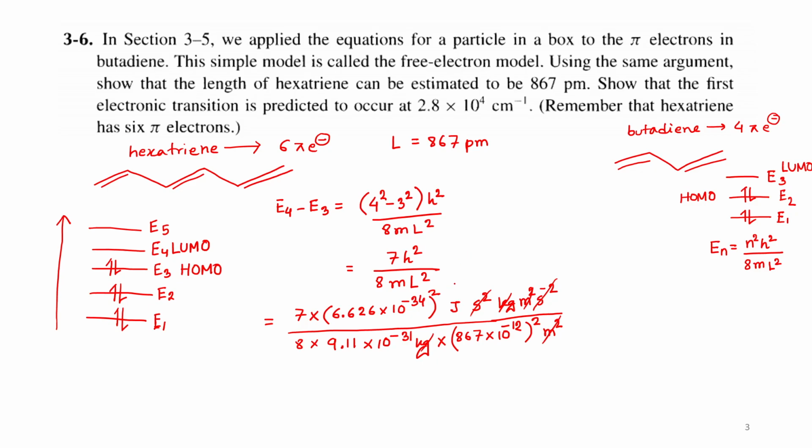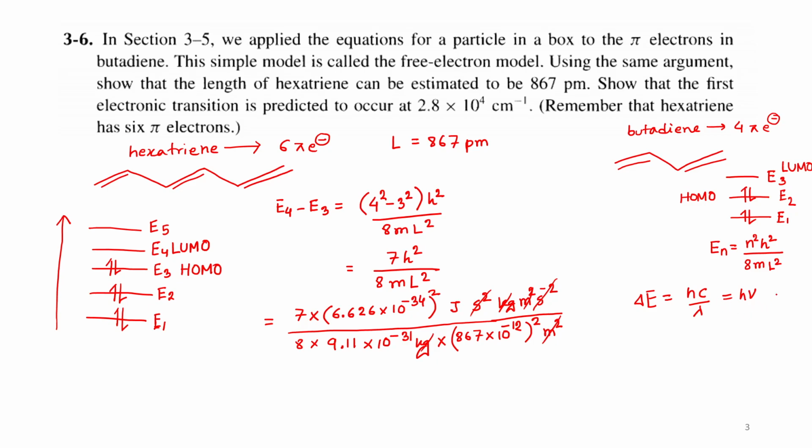Whatever answer we are going to get is in joules, right? Now, the answer they wanted is in centimeter inverse. So how can we convert joule to centimeter inverse? In spectroscopy this has to be done regularly. So there is a technique. We know the energy difference delta E is hc by lambda, or h nu, right?